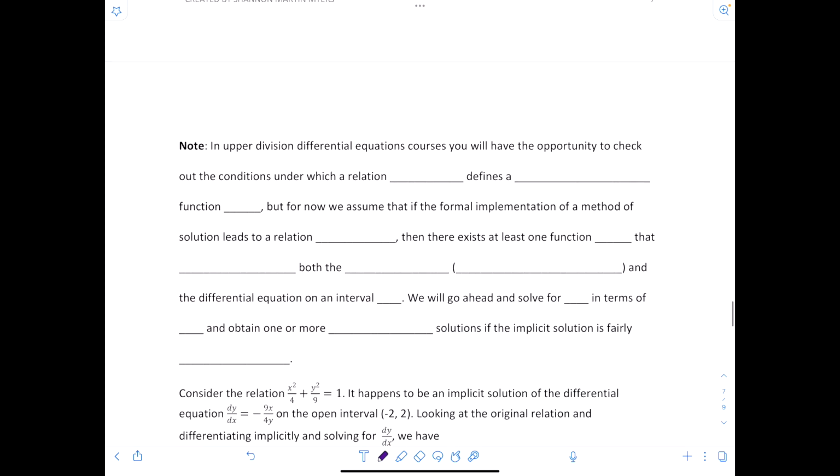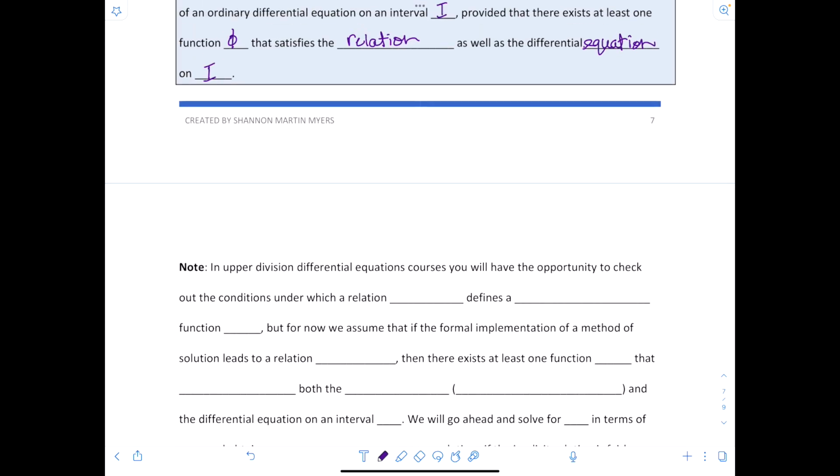Here's another note. In upper division differential equations courses, you will have the opportunity to check out the conditions under which a relation, capital G of x and y equal to 0, defines a function phi.